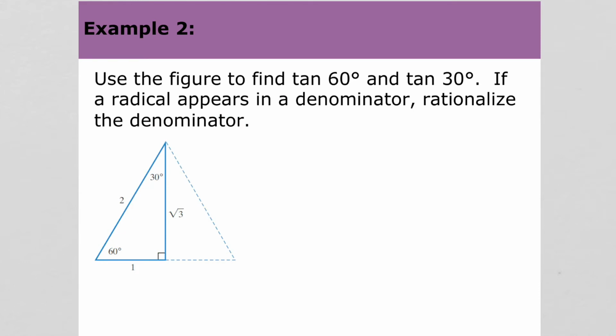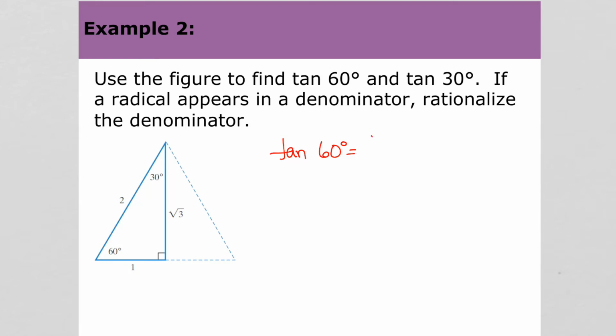For example 2, similar deal with a 30, 60, 90 triangle. We want to find the tangent of 60 degrees. I realize you already know how to do this with the unit circle, and we've talked about it different ways, but we're just giving you different options here on how you can find these things.